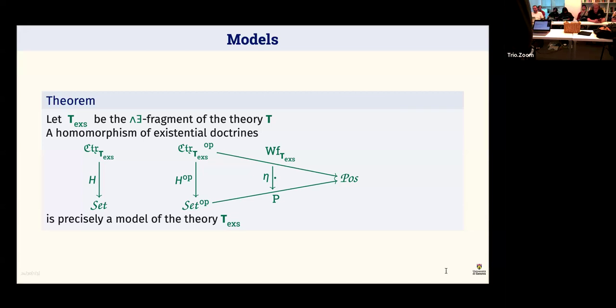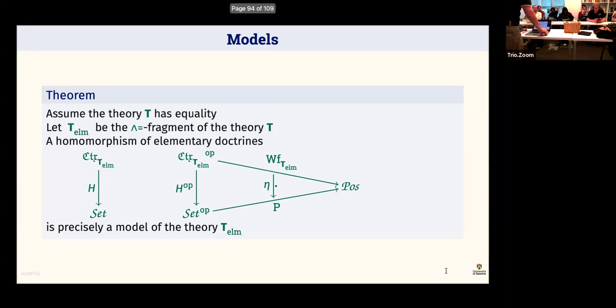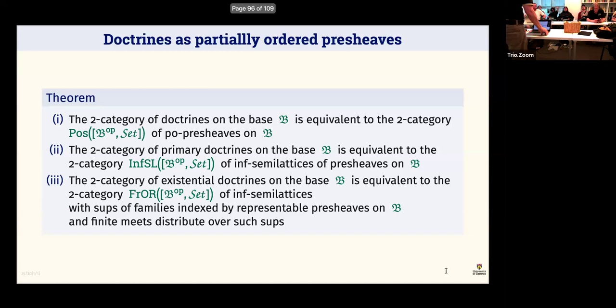So for instance, if I have the theory of local rings, which can be written in that fragment, then I know precisely that homomorphisms of existential doctrines give me models of that theory. So I speak of models, local rings, exactly using the language of homomorphisms, and similarly for elementary doctrines.